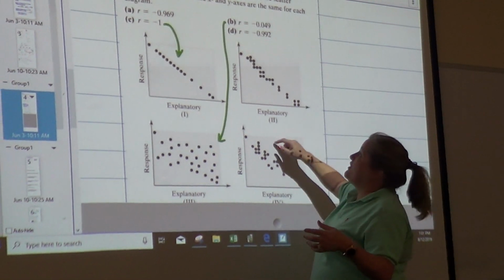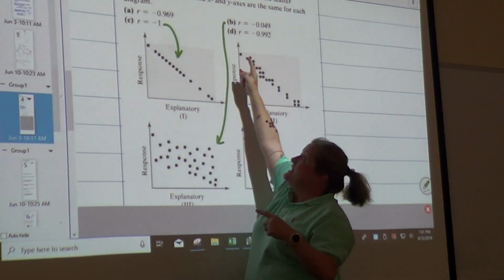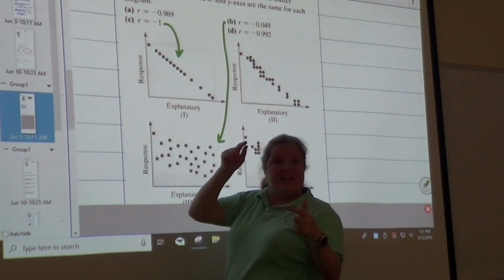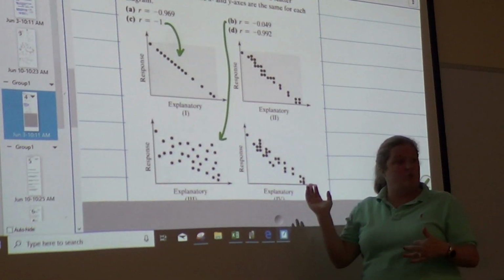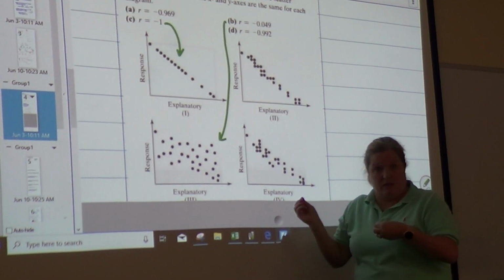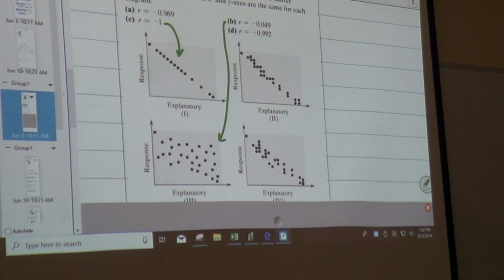Now, it's between those two. This one, D, is 0.99. This one's 0.96. So 0.99 is closer to 1, so the 0.99 is gonna be the more linear one. So number 2, the second one. The 0.99 is gonna go there, and the 0.96 is gonna go there.